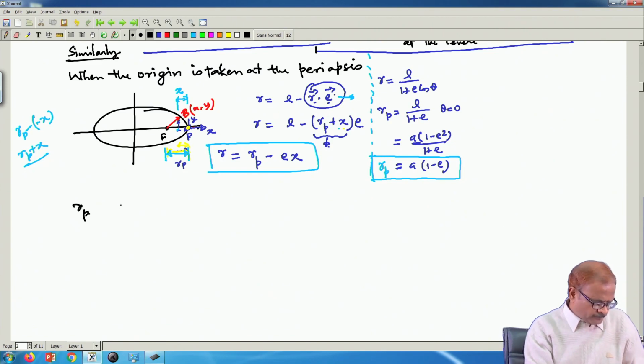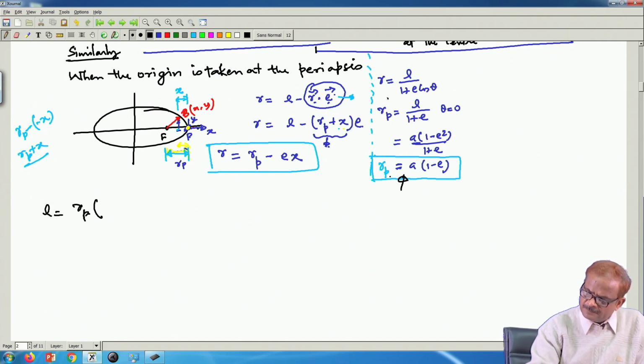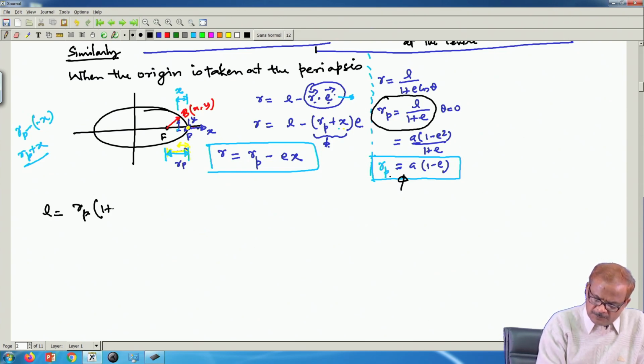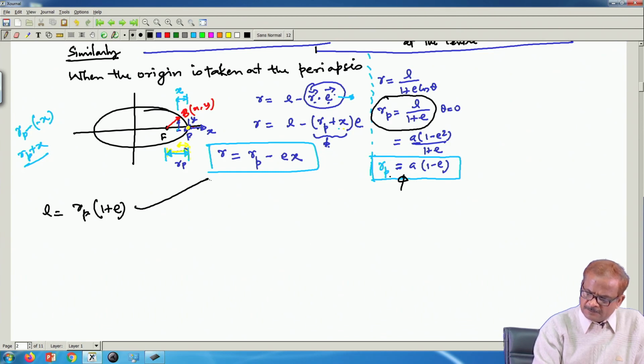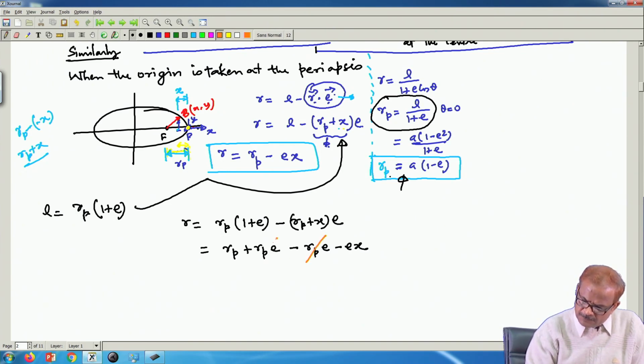So, we have taken L equal to this particular part, we can write it this way also, and also we can write L equal to R p times 1 plus E, and if we insert in this place, this becomes R equal to R p times 1 plus E minus R p plus x times E, and expanding it, these two cancel out, and this gives us R p minus E x.